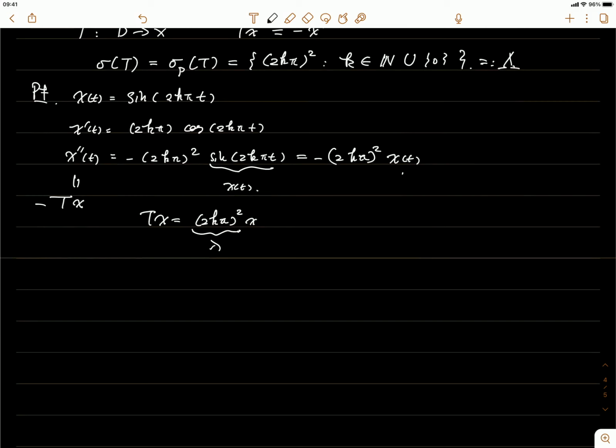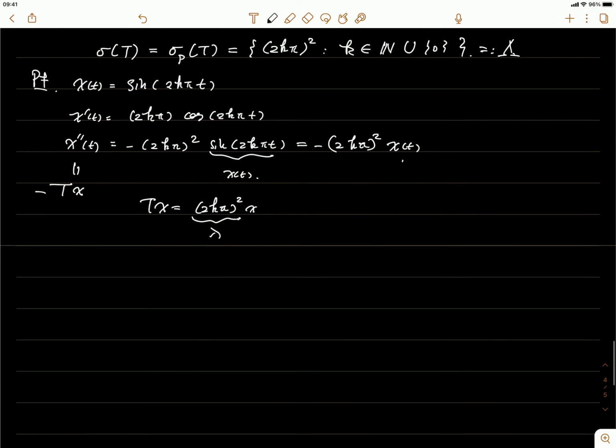And now let's check what happens if lambda is not something like the square of 2kπ. In those cases, we will show that they're regular values. To see that, say lambda is any other complex value, not in the set Lambda.